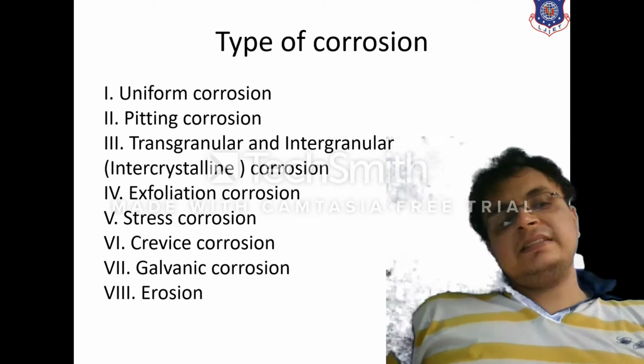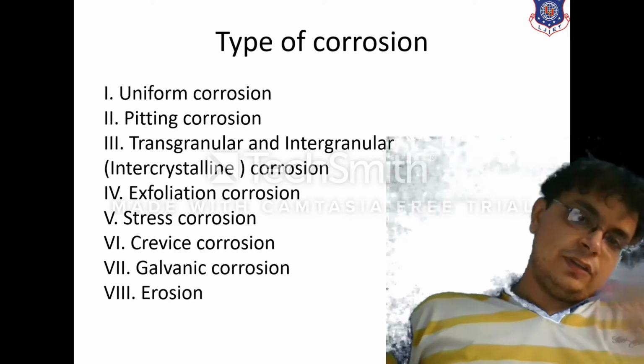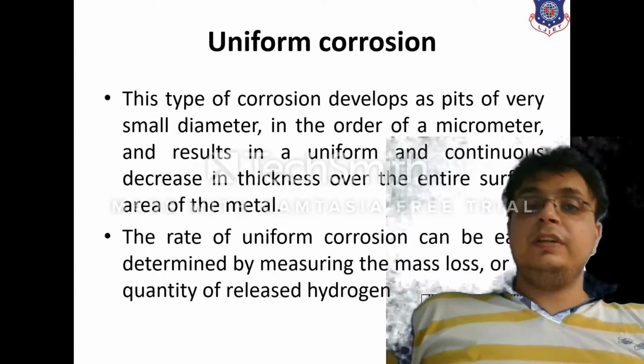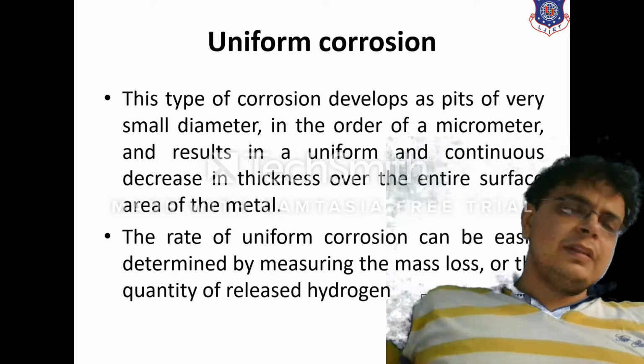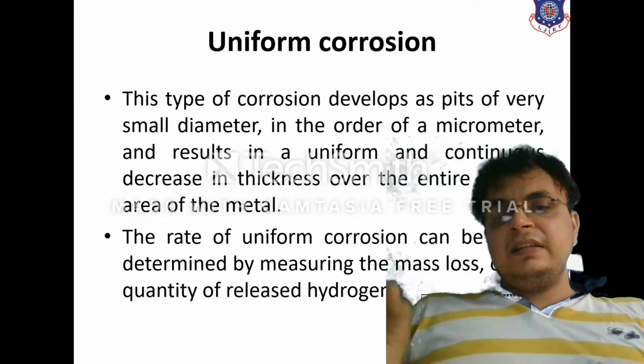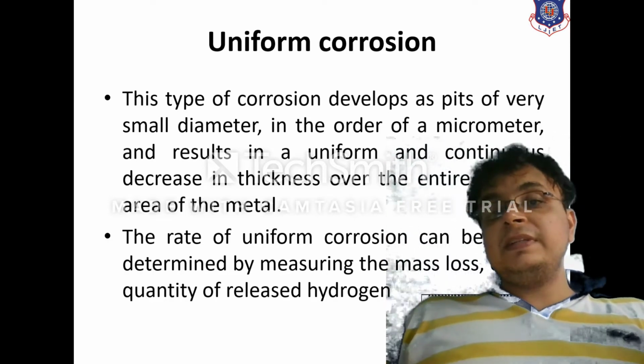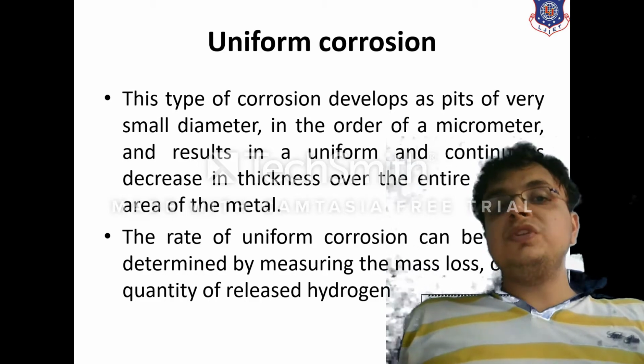Now let's discuss each of these types of corrosion briefly. The first type is uniform corrosion. The name itself suggests that the corrosion occurs in a uniform way.